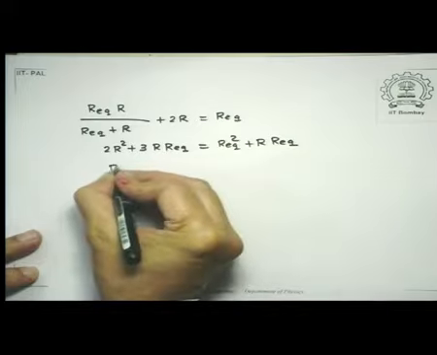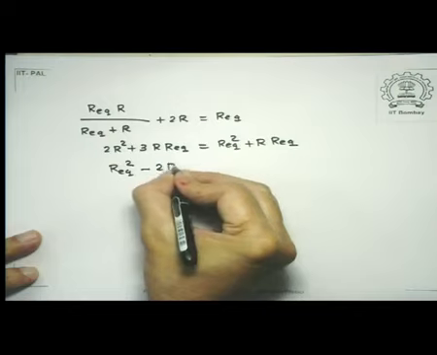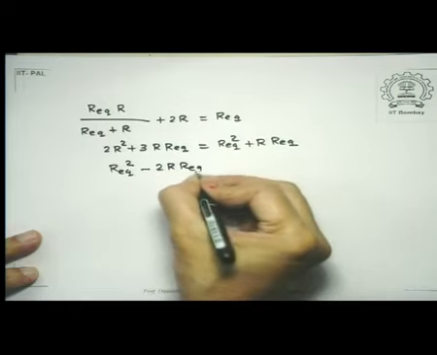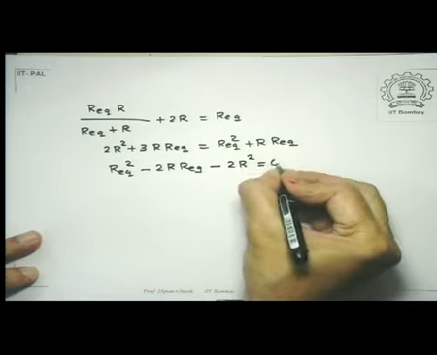So therefore, Req square minus 2R Req minus 2R square is equal to 0.